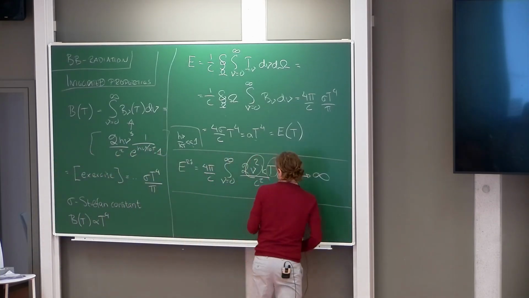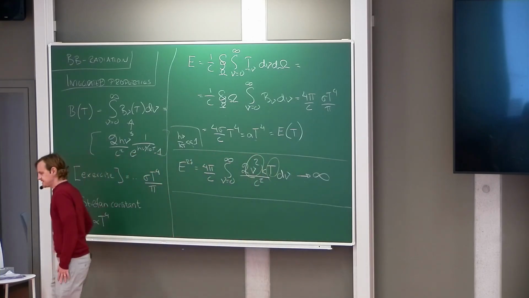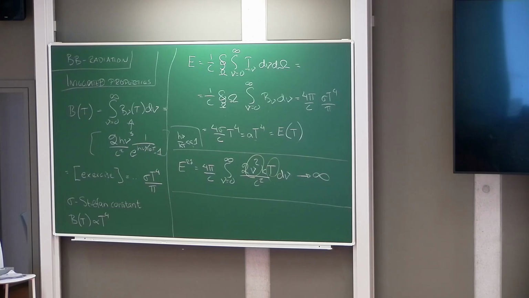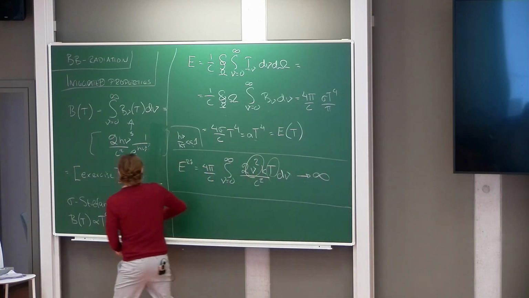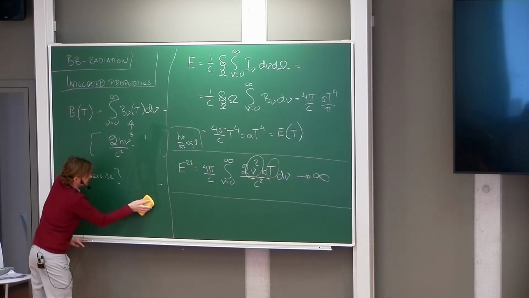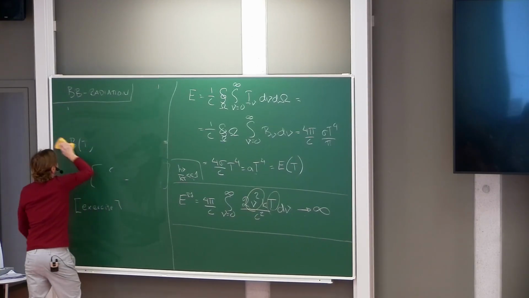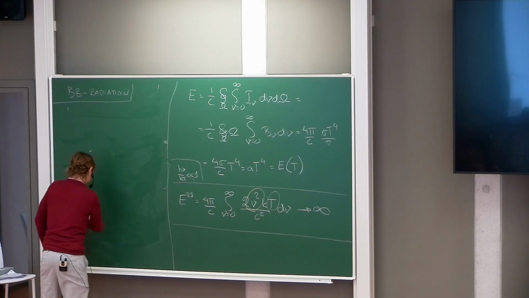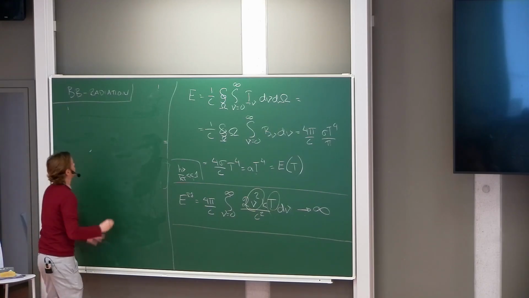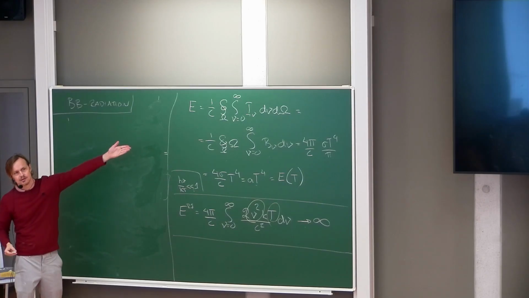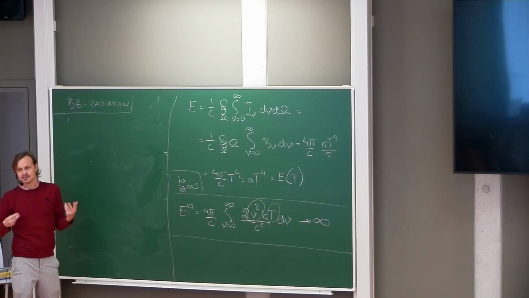All right. That was the energy density of the black body radiation. Now we're going to look at flux. So, the flux, well, we know that black body radiation is angle independent, right?